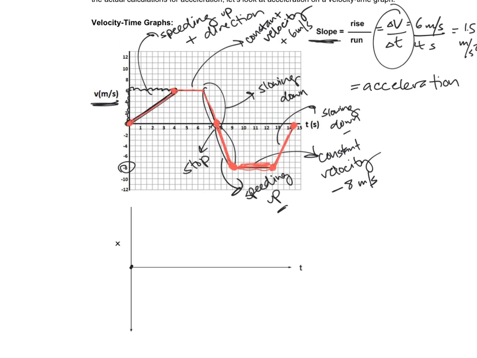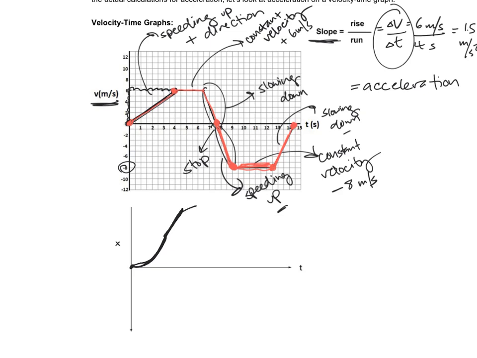So we're going to start off with a baby slope and get to a larger slope. See how it goes from flat to steep. That's speeding up. Then it goes constant velocity. That constant velocity is just a straight line. Sorry, my line looks a little bit weird. Then we slow down until we turn around.